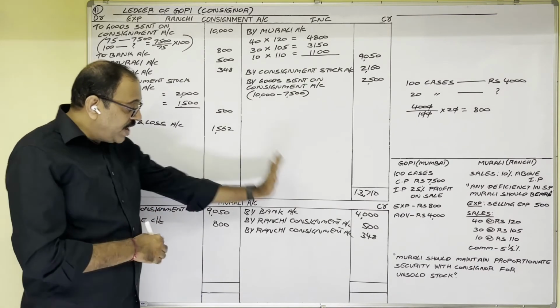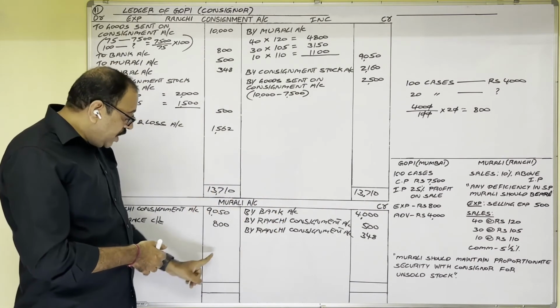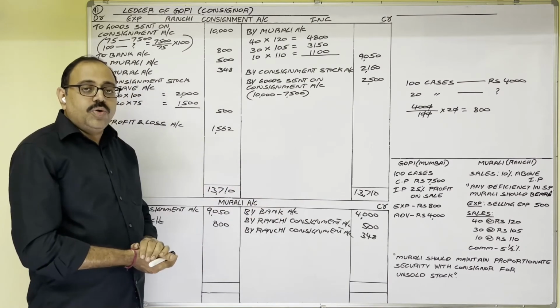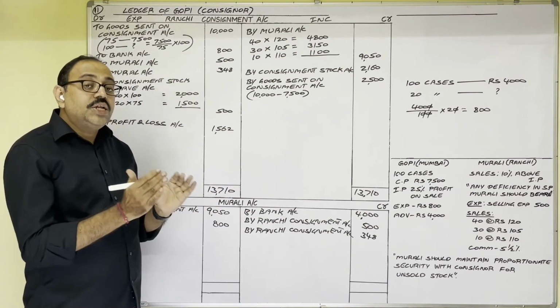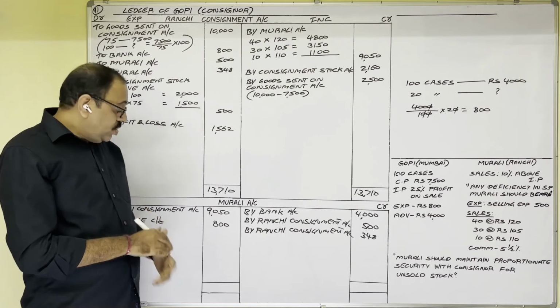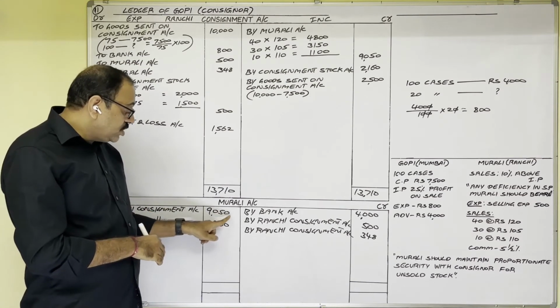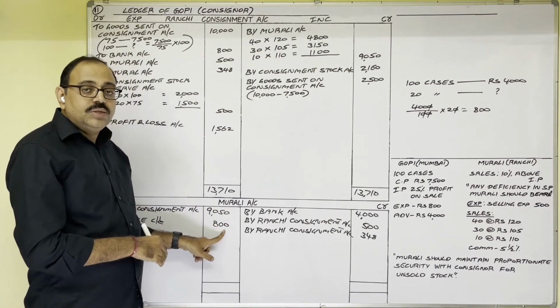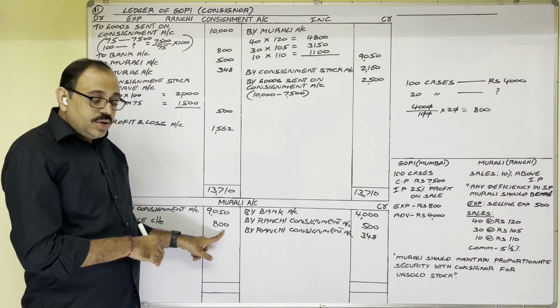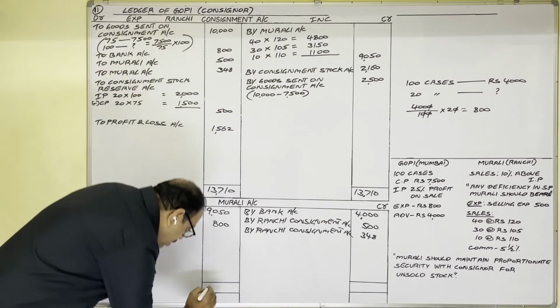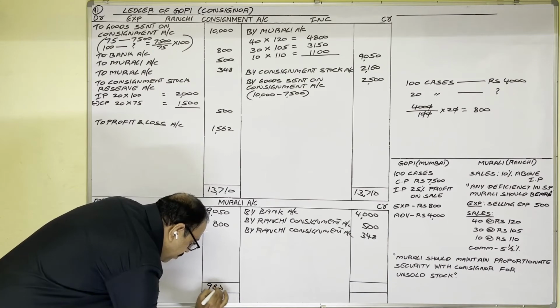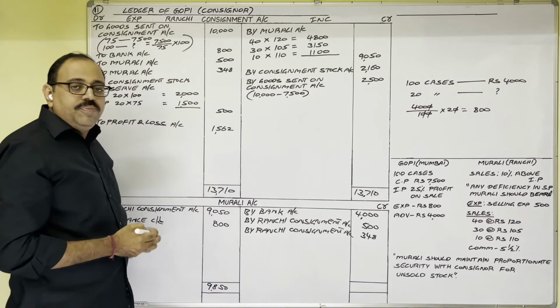Next come to final settlement. So debit amount total minus credit amount total. This amount consignee should pay to us. So consignee has to pay 9,050, 800 rupees advance on unsold stock. Total 9,850 rupees consignee has to pay.